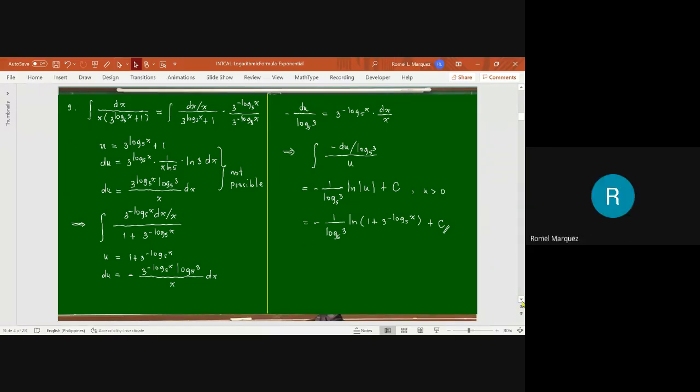Sir, yung tanong po ata ni Elvin is kung pwede po ba yung numerator ng negative 1 over logarithmic 3 base 5 is yung ln 1 plus 3 raised to negative log x base 5. Alin ba? Ito? Yung buong po yan, pwede po bang maging numerator ng negative 1 over log 3 base 5?